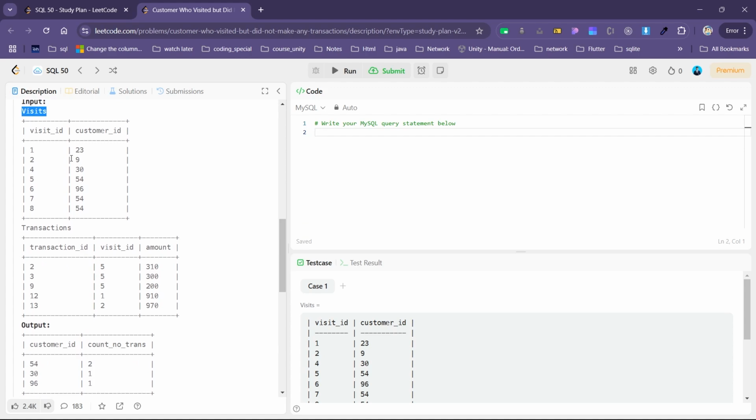So in the visits table, we see that customer ID 23 has visit ID 1. Then there is a different customer, that is 9, and a customer with customer ID 54. This customer visited the mall three times, right?